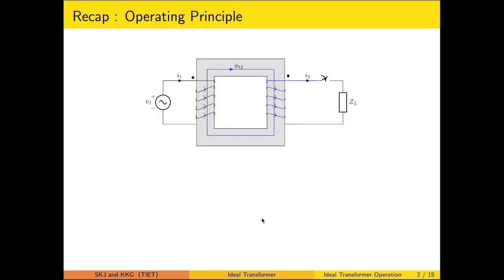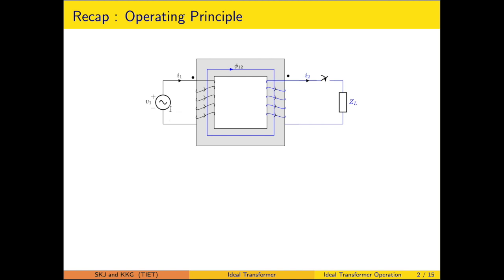So, the single phase transformer is best represented by two coils coupled, or you can say bound, on a magnetic core. This particular is representing a magnetic core. This is one of the windings that is designated as primary, and the other winding is the secondary.